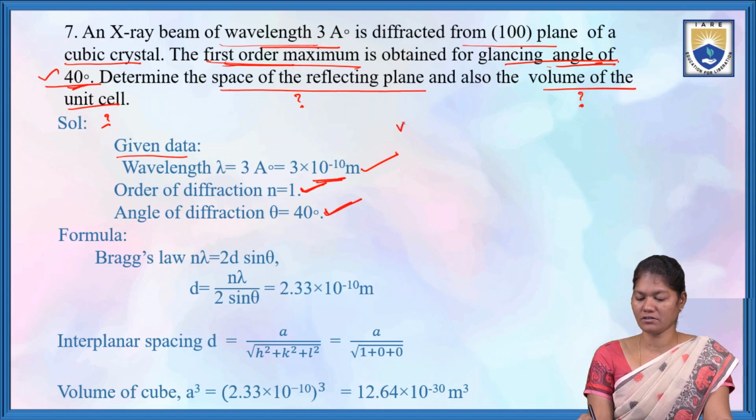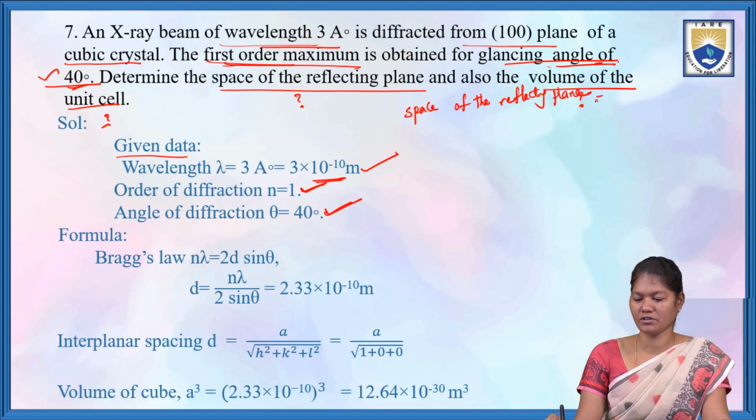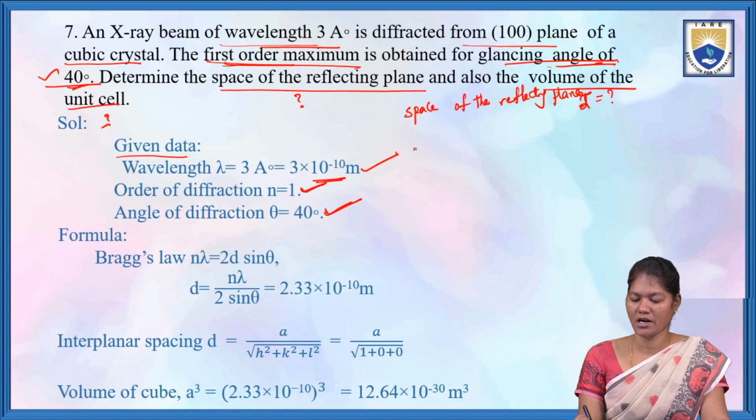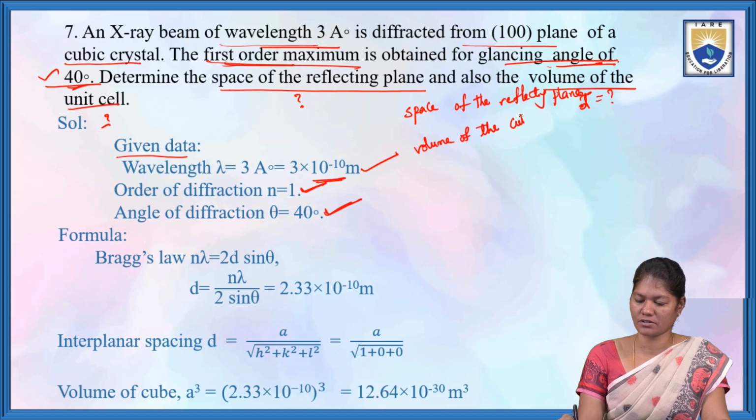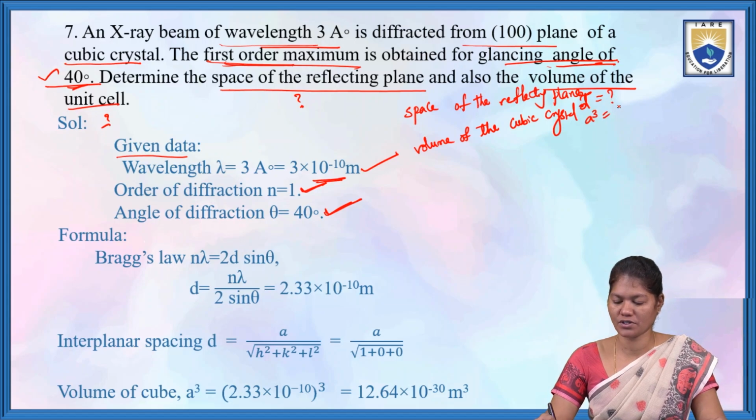But we need to find the spacing of the reflecting plane, the d value, and then the volume of the cubic crystal. The volume of the cubic crystal is a cube.